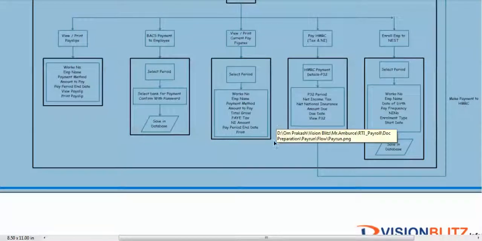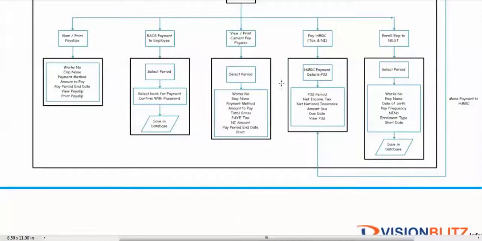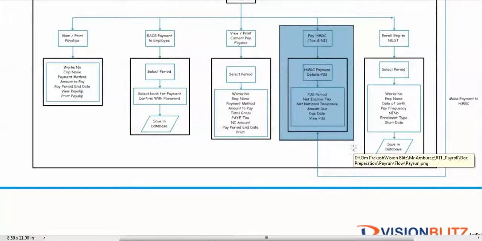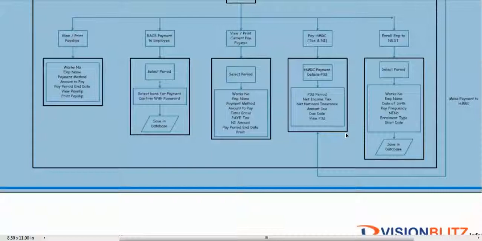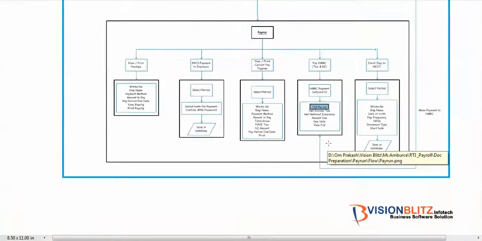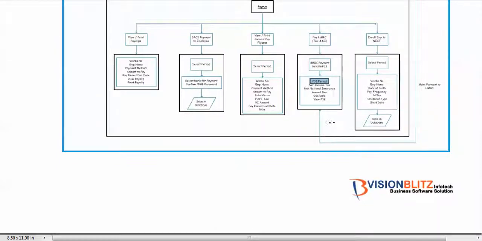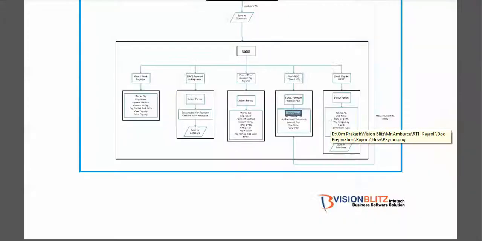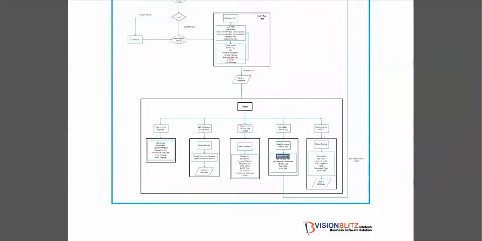Once the payment of salary has been processed, we can also make a payment of national insurance and tax to the HMRC. It is nothing but the P32 form, and this payment will be provided by the organization or a client or by an admin panel to the HMRC.